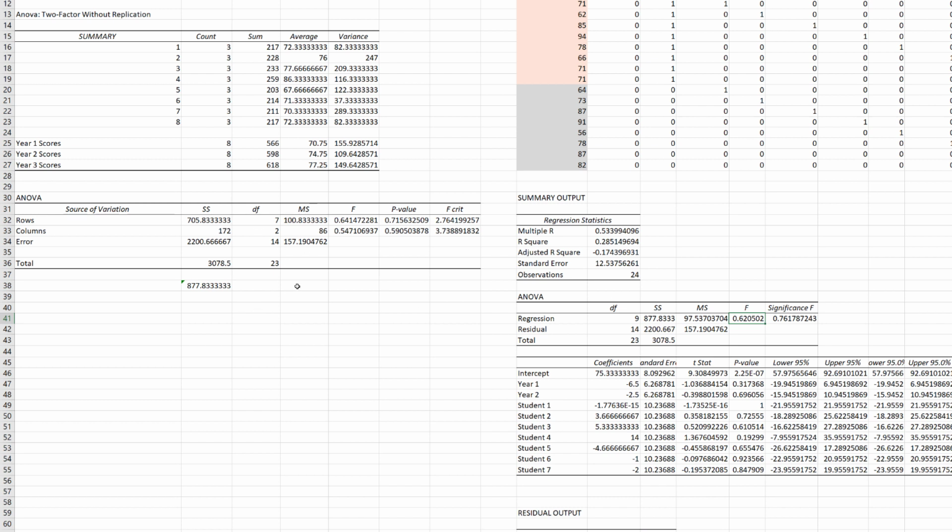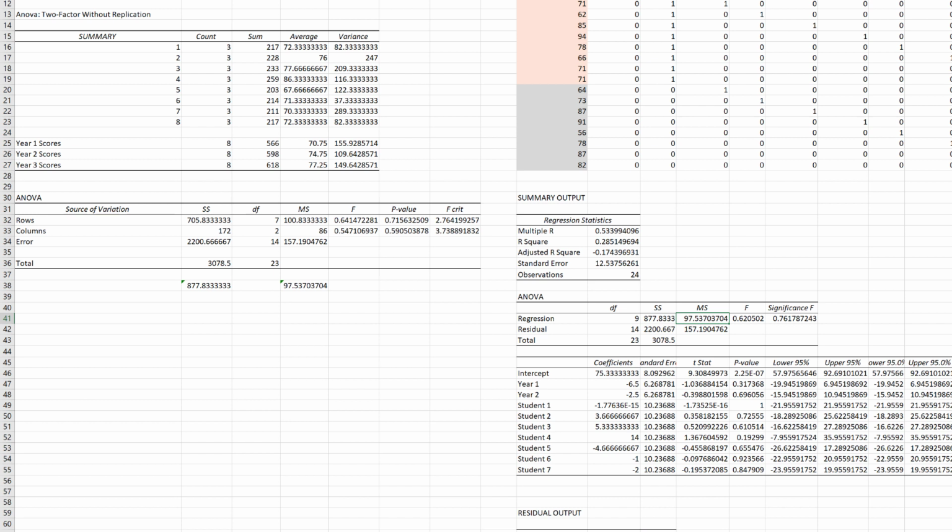So if I go over here to the ANOVA side, let's just pick a cell down here, and I do equals, open 2 parens, 7 degrees of freedom times the mean square for the rows, close, plus open, degrees of freedom for columns times the mean square for the columns, close both of those, divided by the sum of the degrees of freedom on this left side, and I get 97.537. We'll look at the mean square over here in regression, 97.537, the exact same.